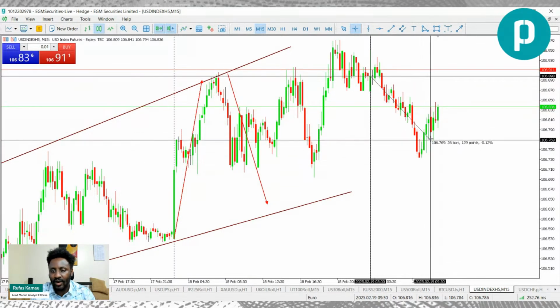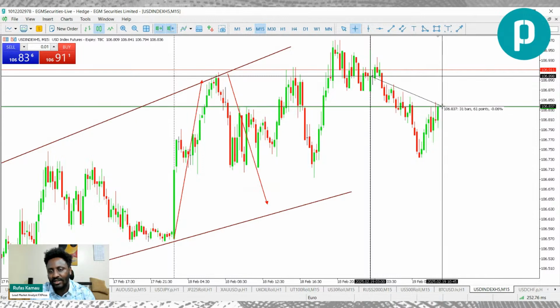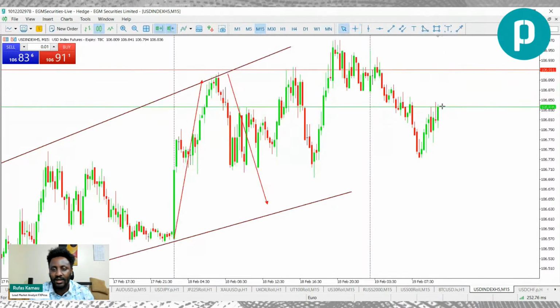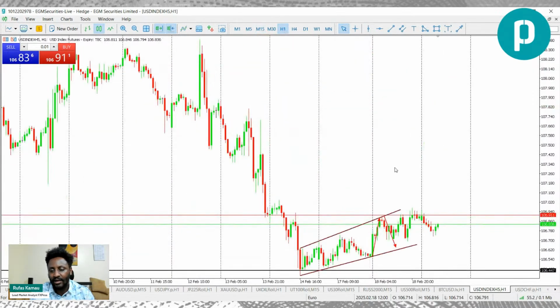So currently, the dollar index is making a recovery, but it is still down 0.06%, basically implying that the dollar index is a little bit changed. Of course, we will be expecting to see increased volatility later in the day once the market opens.